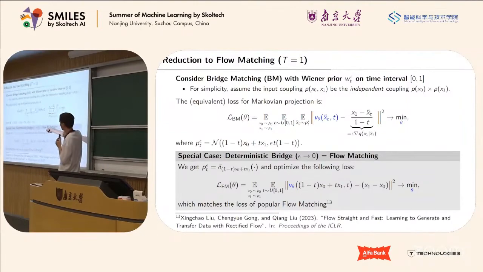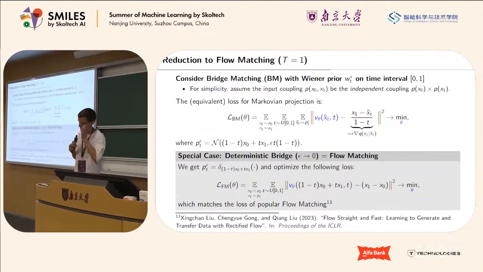Roughly speaking, to sample an intermediate point xt, we need to sample from a normal distribution whose mean is exactly this linear interpolation between the two points. And it has some variance proportional to our parameter epsilon, which is the variance of our prior Wiener process.